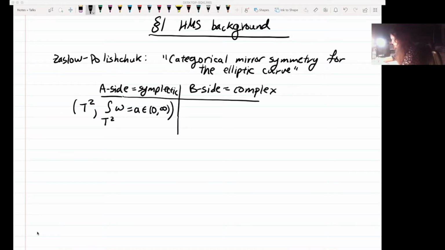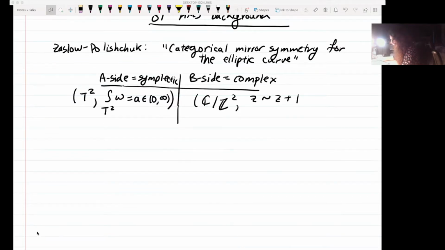And then on the B side, the mirror is an elliptic curve, which we can assume one of the basis of the lattice is 1, and then the other one is something in the upper half plane.